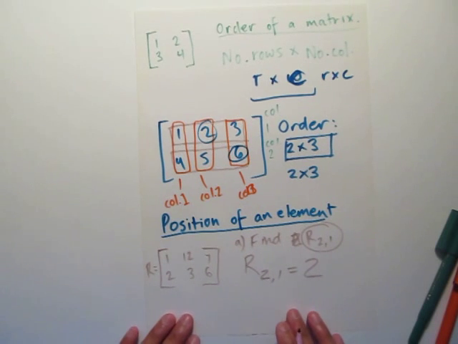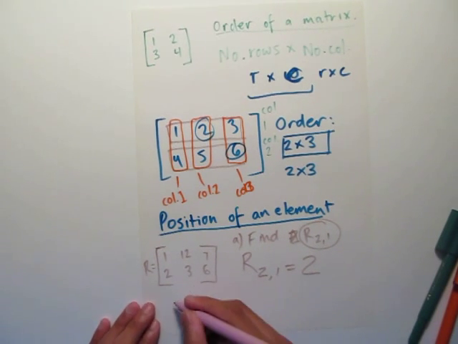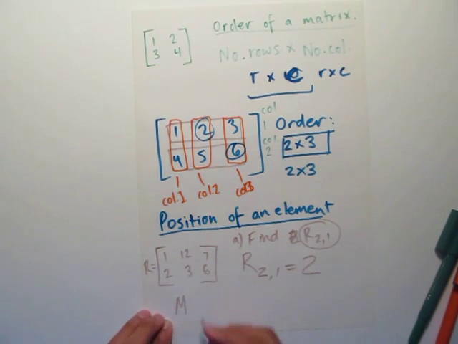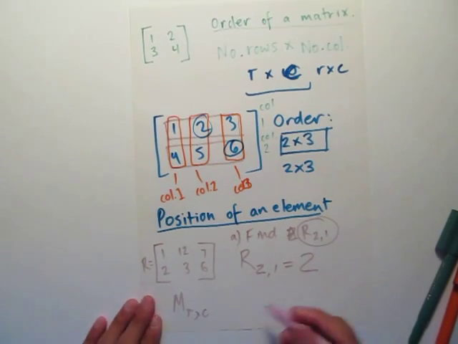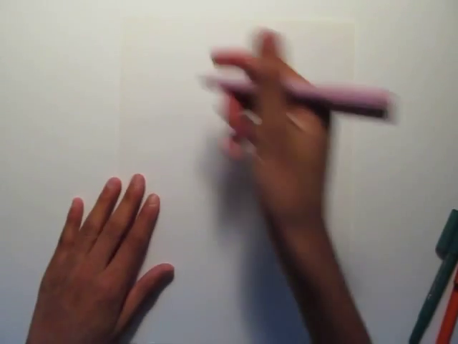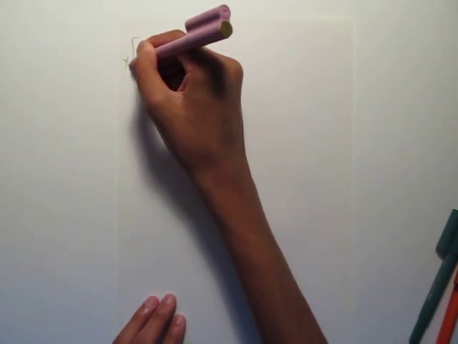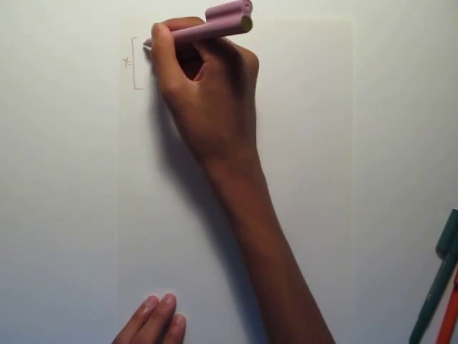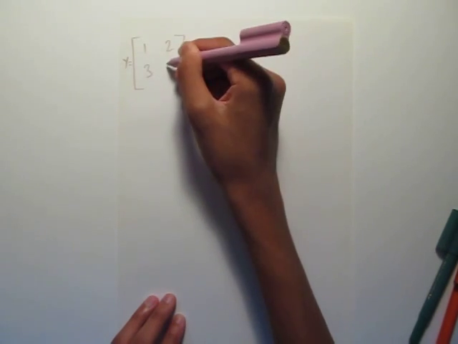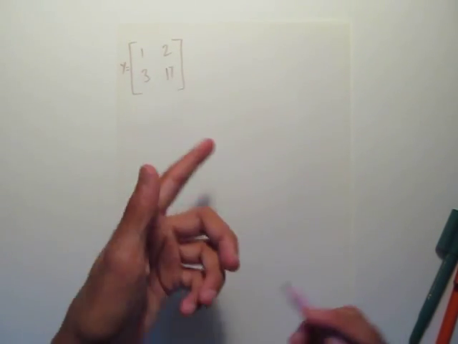So the formula for that would be matrix, row, column. Okay, I'll give you another example. You're given matrix Y equals 1, 2, 3, 1, 7, 17.